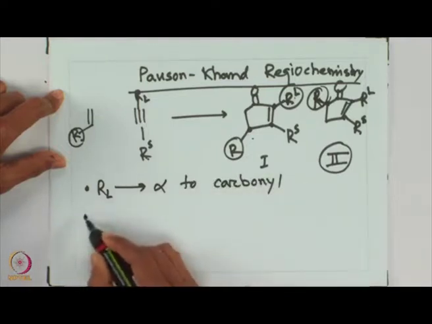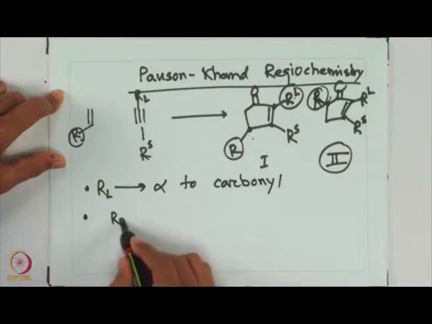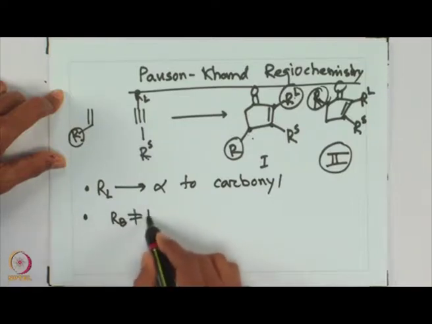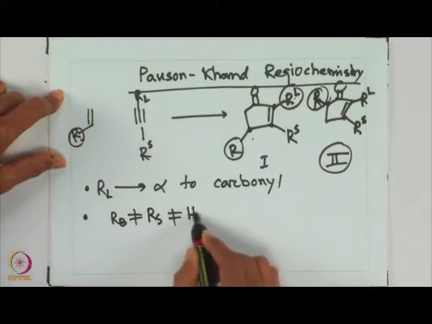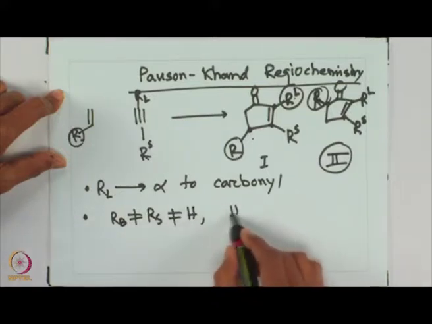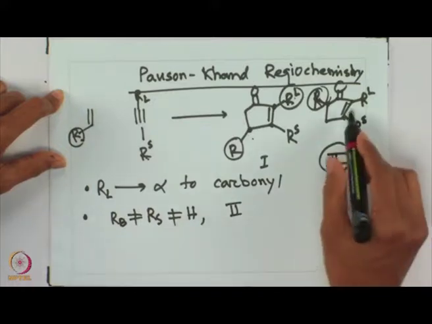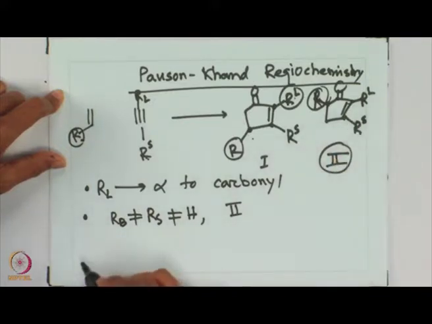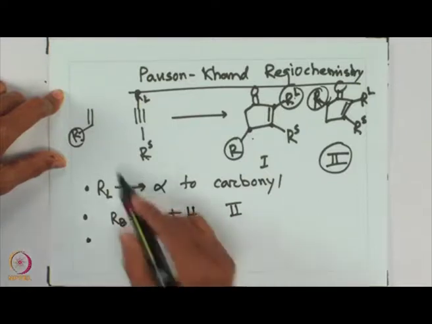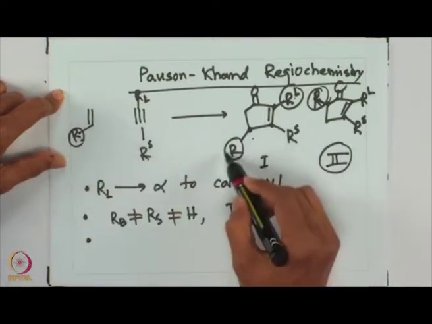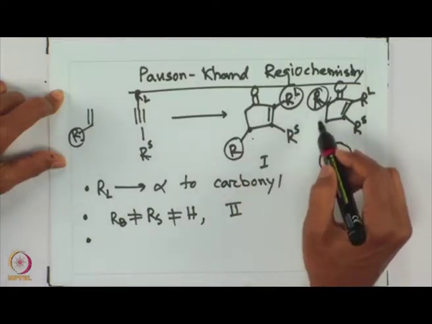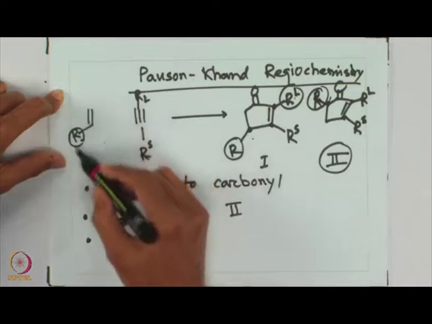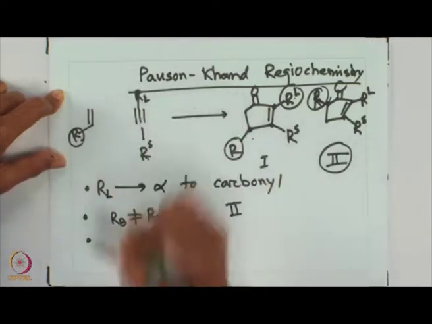The second fact would be, if R_L is not equal to R_S is not equal to H, then we get 2 as the product, the second product we always get. As for the regiochemistry at the alkene, whether R is at the far position or close to the carbonyl, it will depend on the alkene as well as the alkyne.